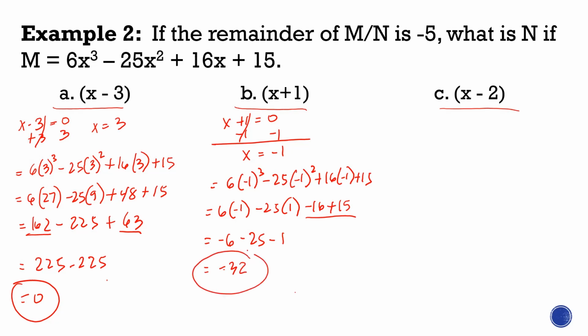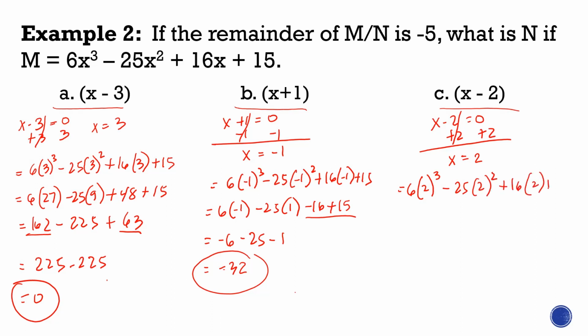It should be C. That's the only option, right? But let's check. So x minus 2 is equal to 0. Add 2 on both sides, therefore x equals positive 2. So we have 6 times 2 raised to 3, minus 25 times 2 squared, plus 16 times 2, plus 15.